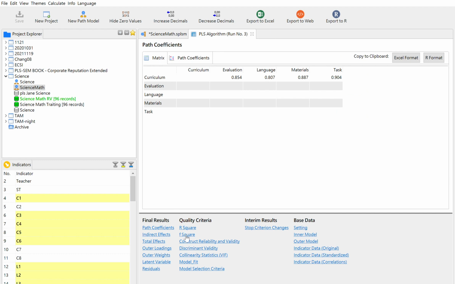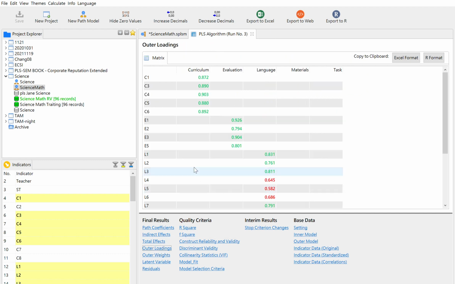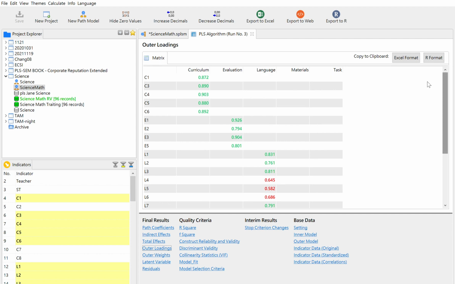Okay, the outer loadings, after some of the items that I have deleted, I've kept these three. As I said, they were important, and the outer loadings, or the factor loadings, are greater than 0.7.